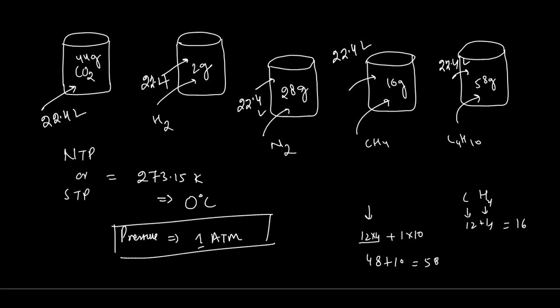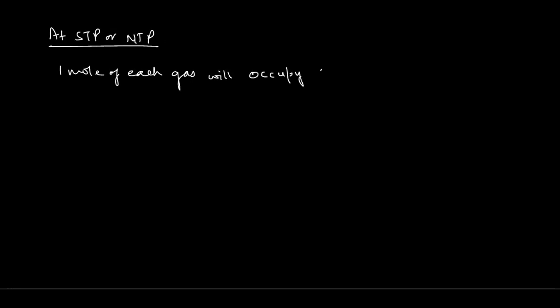If I'm saying that at STP or NTP, standard or normal temperature and pressure, we have fixed the temperature at 273 Kelvin and the pressure at 1 atm, then in that case, one mole of each gas will occupy the same volume, and that is 22.4 liter.